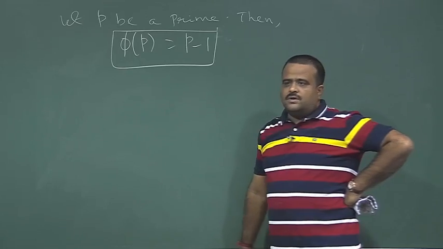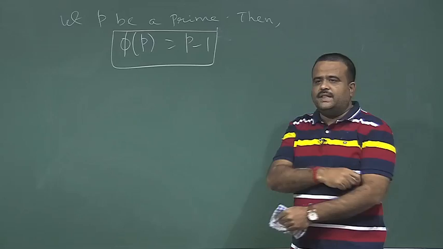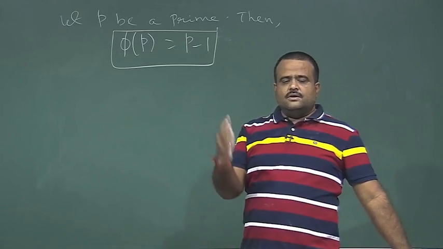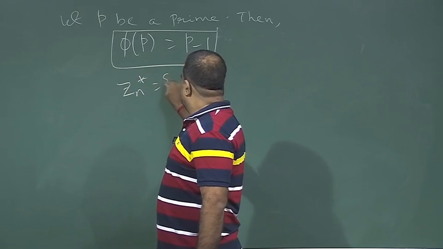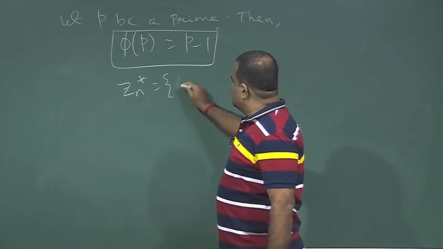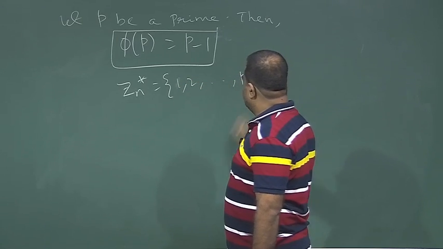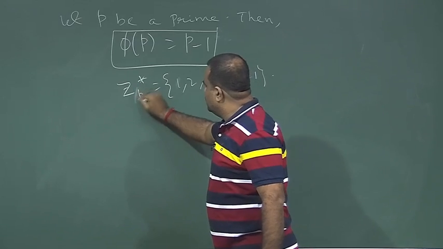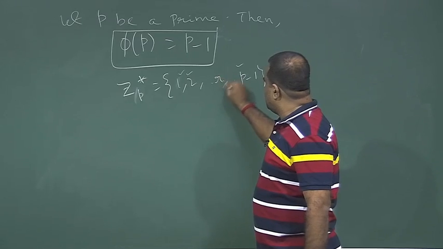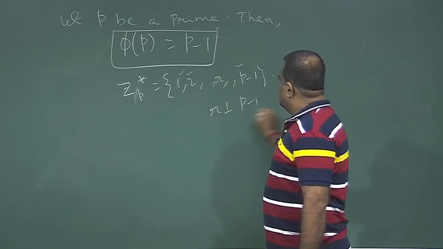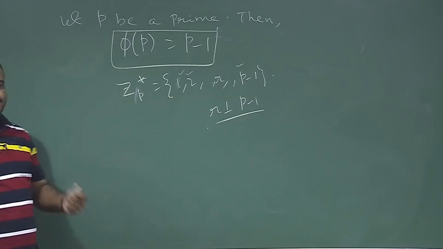Okay. Because if p is a prime, then there is no element which divides p. So, that means Zn star is basically, so we will not take 0. So, r is 1, 2 up to p minus 1, because p is prime. So, Zp star, p is prime. So, all the elements are relatively prime with p, since p is a prime number, otherwise p cannot be a prime if it has a factor.